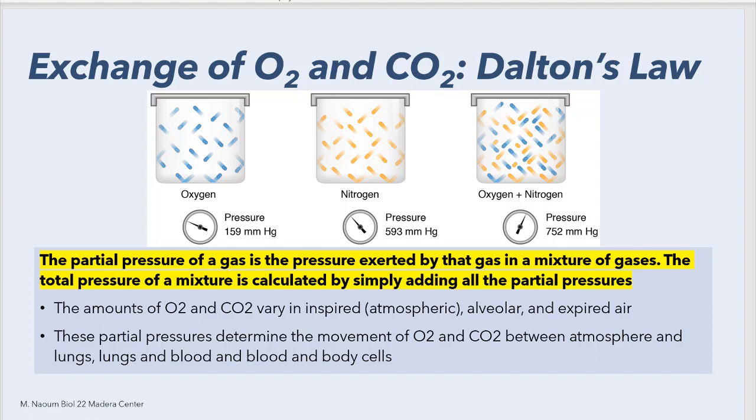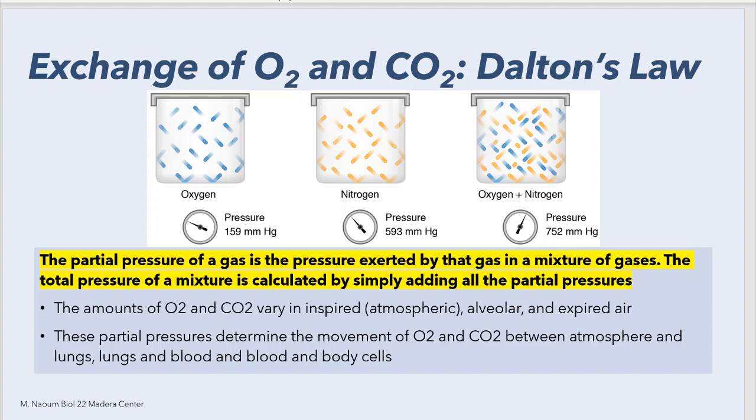Dalton's law allows us to understand how gases move down their concentration gradient in relation to pressure. Specifically, when we're talking about gases, we're talking about their pressure and not technically concentration.